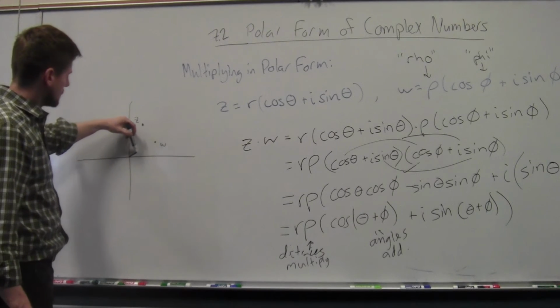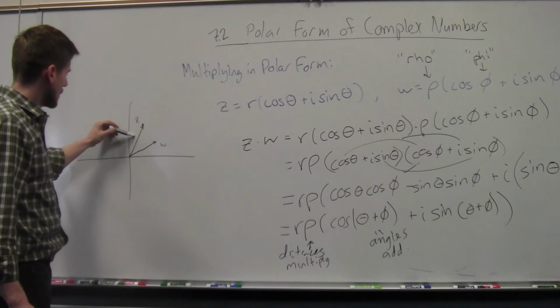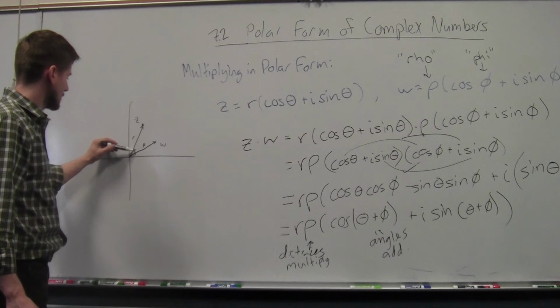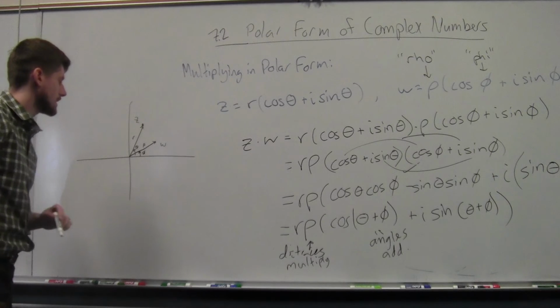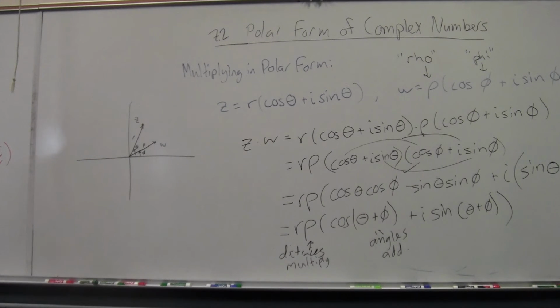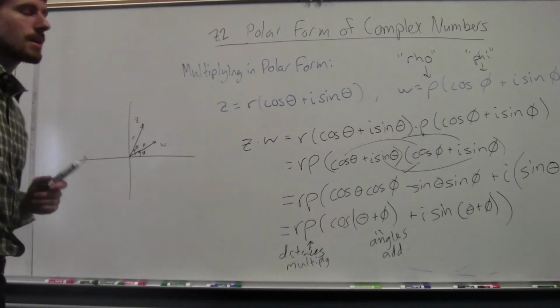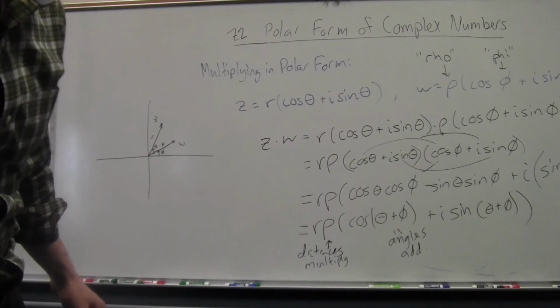They have distances r and rho, and angles theta and phi to get there. And so the question is, where is the product in this complex plane? Where does the product end up being?